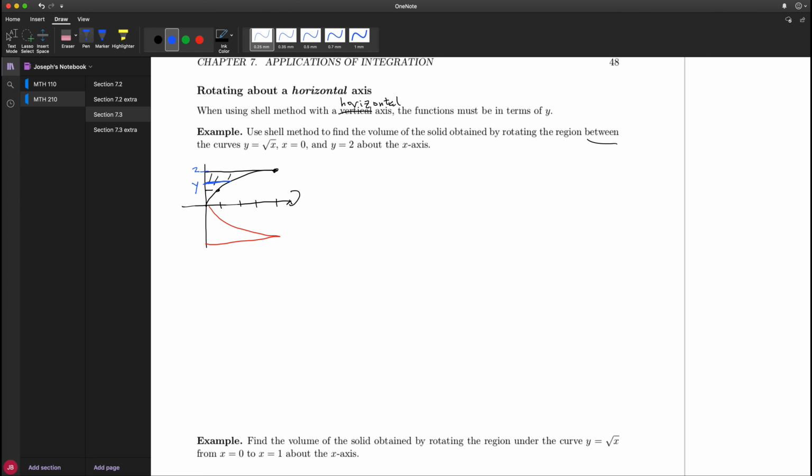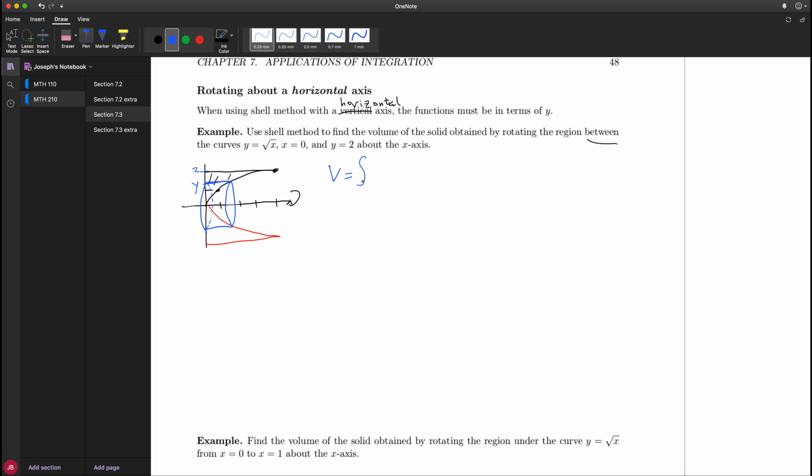This is the quote-unquote height of the cylinder, and there's the cylinder, which has radius. It looks like just the y value itself. If y is something bigger than 1, what it looks like here, that's exactly the radius. So the part that's forming the circle will be the radius. And now the height of the cylinder is just given by the function y equals root x. So let's start to set this up.